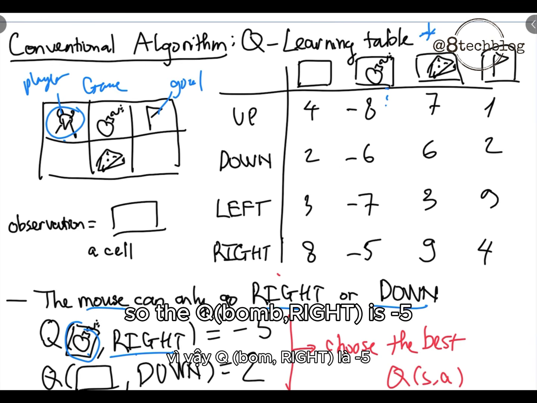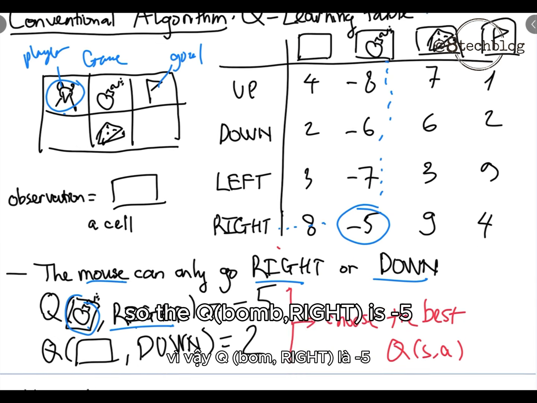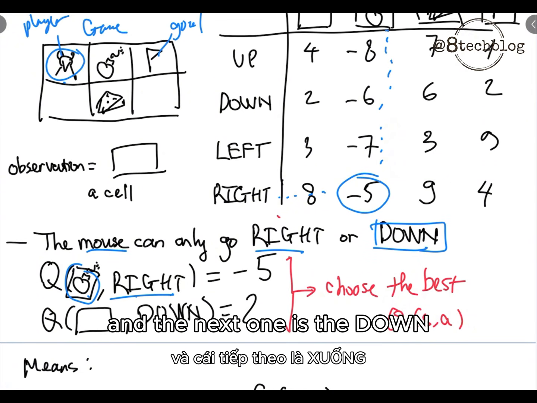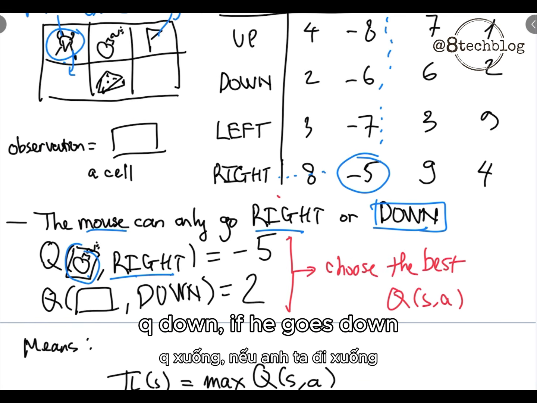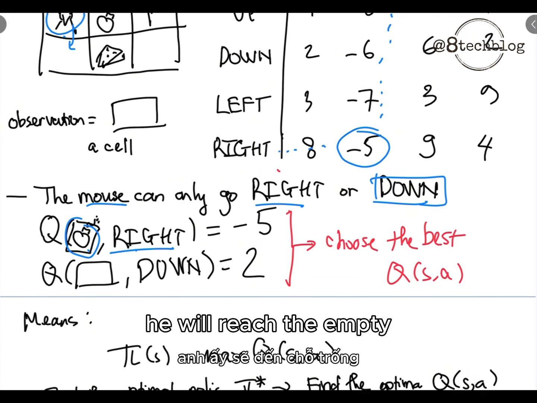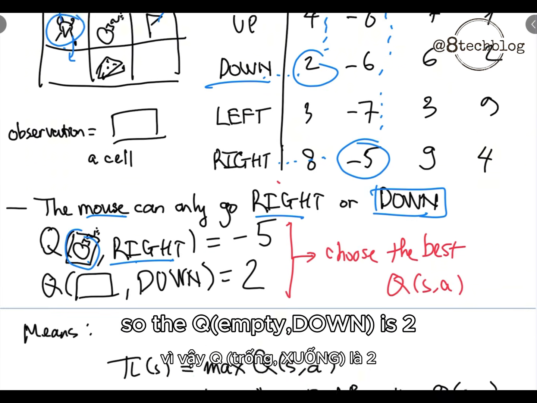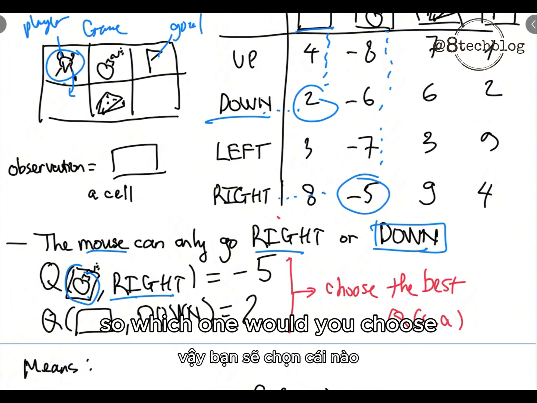So the Q(bomb, right) is -5, and the next one is down. Q(down): if it goes down, it will reach the empty state, so the Q(empty, down) is 2. So which one will you choose?